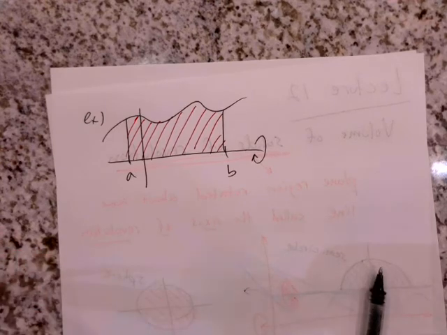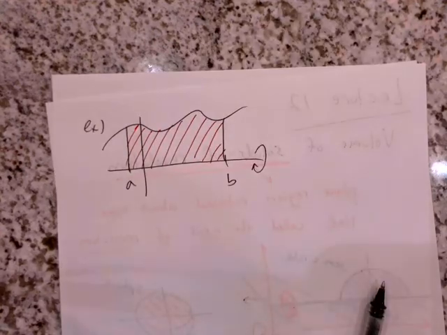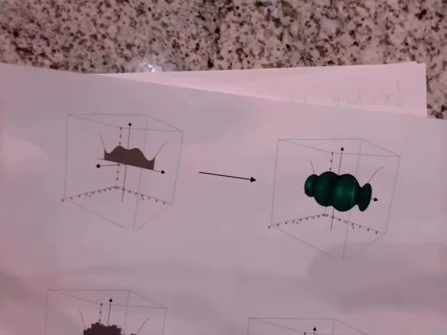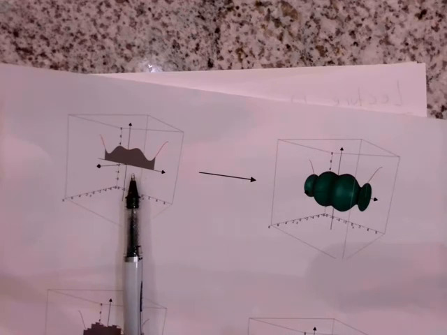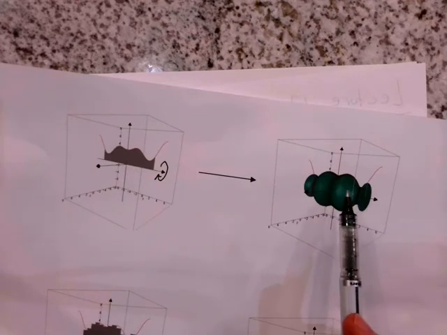I actually made some visuals for this, which are somewhere. Huh. I seem to have lost my visuals. There we go. So here we have a two-dimensional plane region, rotate about the x-axis, and it turns into this shape right there.